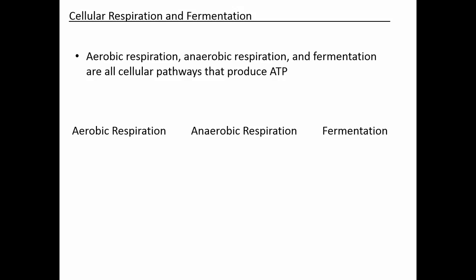The last comparison that I'm going to make is whether an electron transport chain is used in the process. If you remember back to photosynthesis, we talked about electron transport chains. In general, they're a series of components that pass electrons in a particular order. Component 1 passes the electron to component 2, 2 to 3, 3 to 4, and depending on how many components make up your electron transport chain, they just keep on passing electrons.